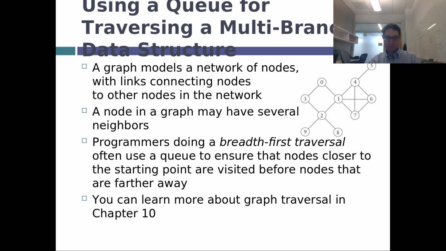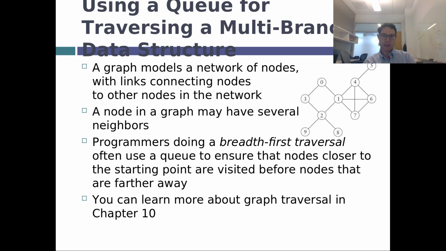I'm going to search down a corridor until I hit a dead end. And that uses a stack. Breadth first search will use a queue, and that says I'm going to go one step down each of these corridors, then 2 steps down each of these corridors, then 3 steps, then 4 steps.